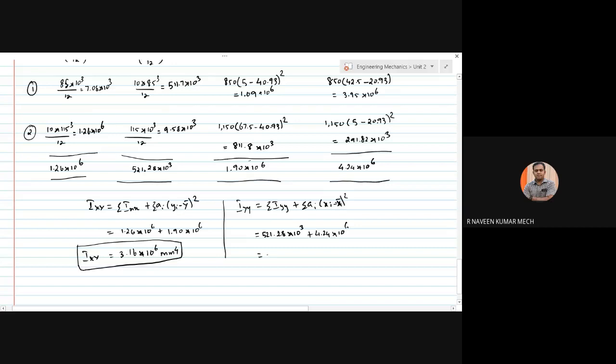We get the value of 4.76 into 10 to the power 6.